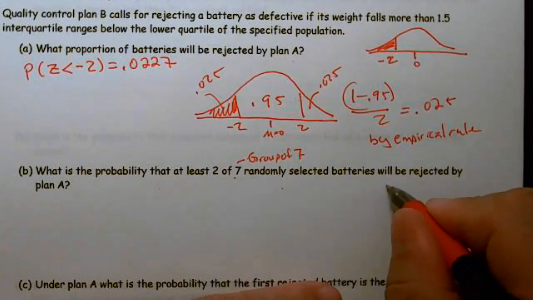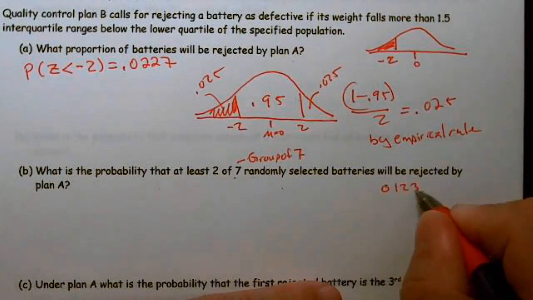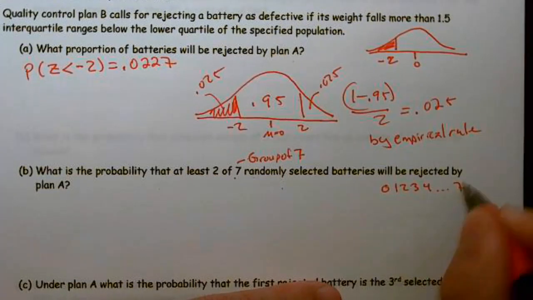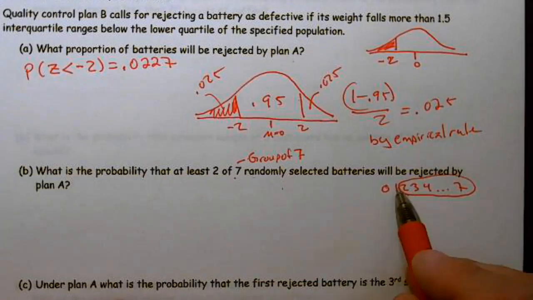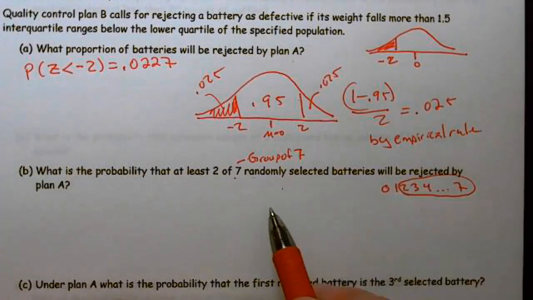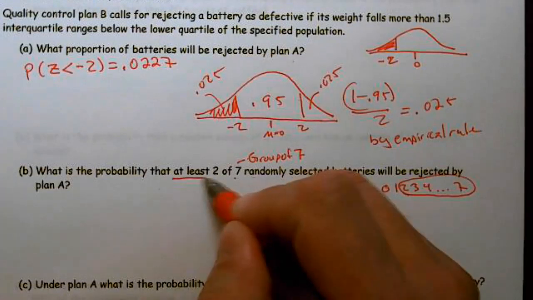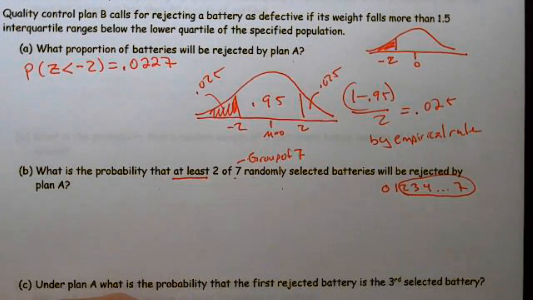So that could be 0, 1, 2, 3, 4, all the way to 7. At least 2 means that it includes 2 through 7. So probably the easiest way for me to look at this is a 1 minus scenario. And they kind of hinted at it, because anytime they say at least, we're generally looking at a 1 minus.